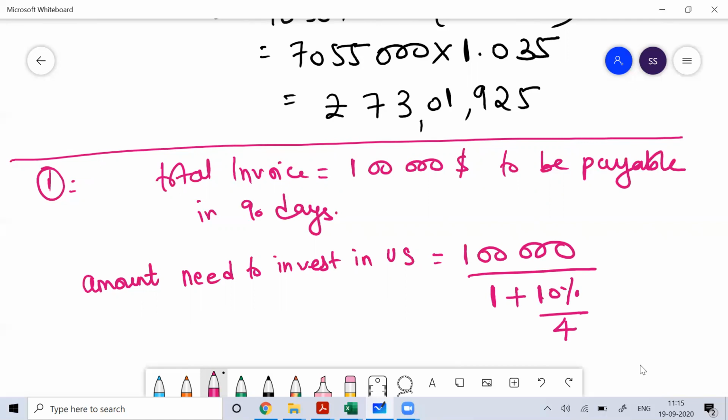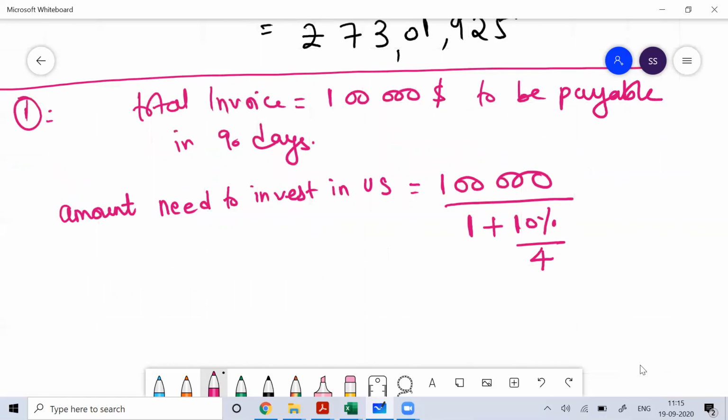So how much do they need to invest in the US for 3 months so that it becomes $1 lakh?